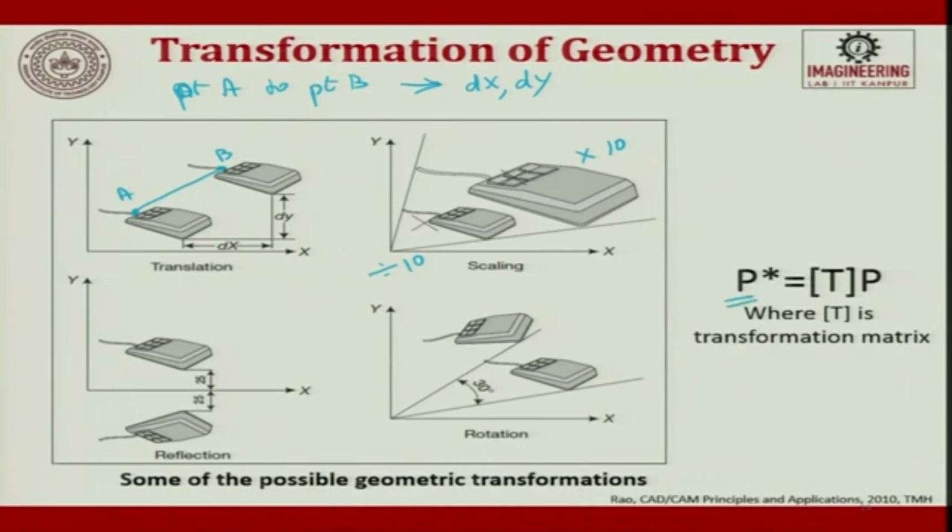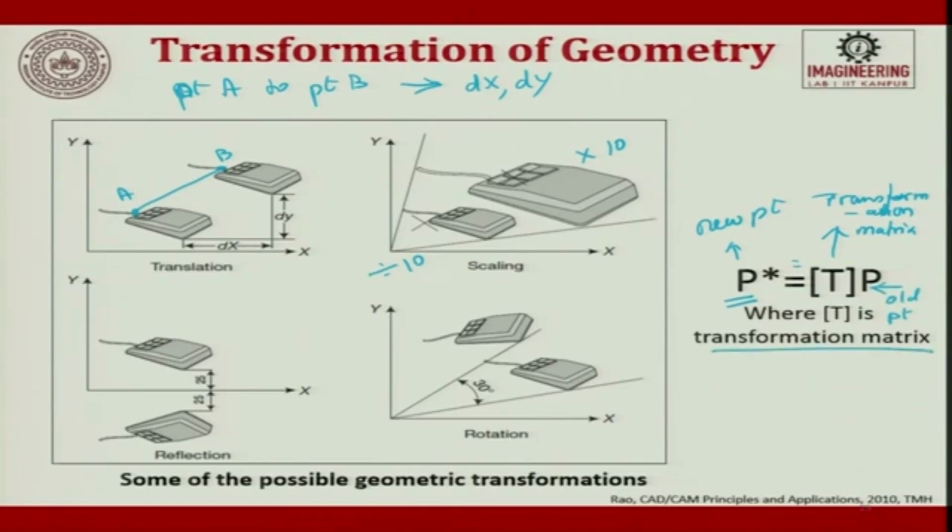So, what we are trying to do finally in transformation is get to the new point. We use a transformation matrix, because what happens behind the scenes is only matrix multiplication, and this is the old point.